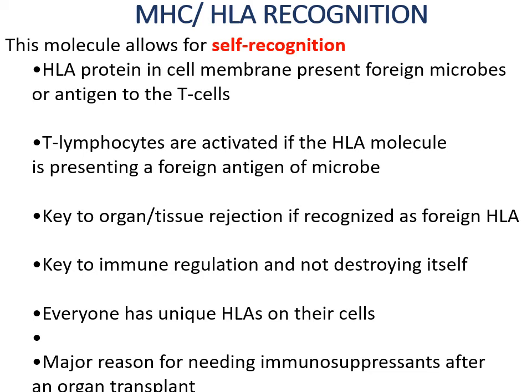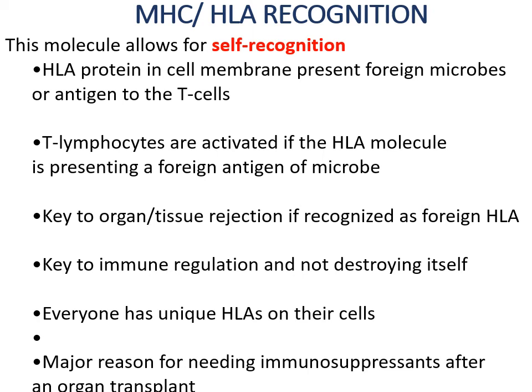Okay, so it's a really important part of why the T cells and the immune system doesn't destroy itself. Okay, and everybody has slightly different HLAs on their cells, right? So only twins, identical twins, would have identical HLA proteins.